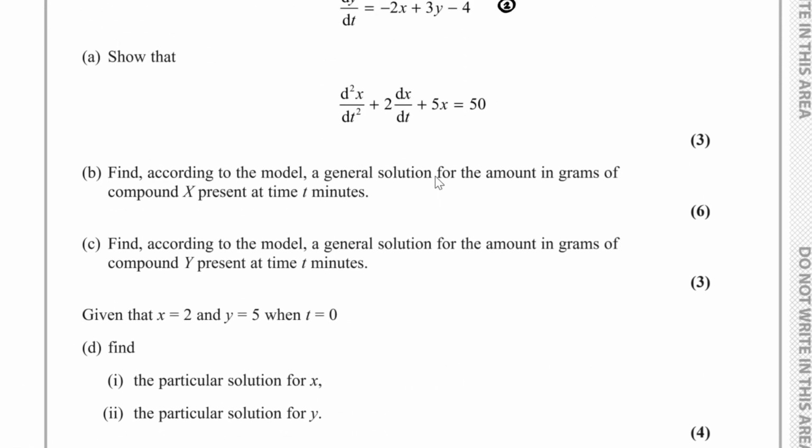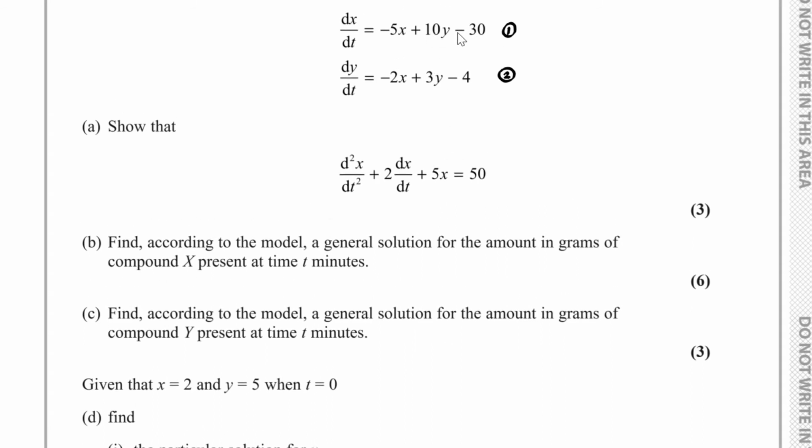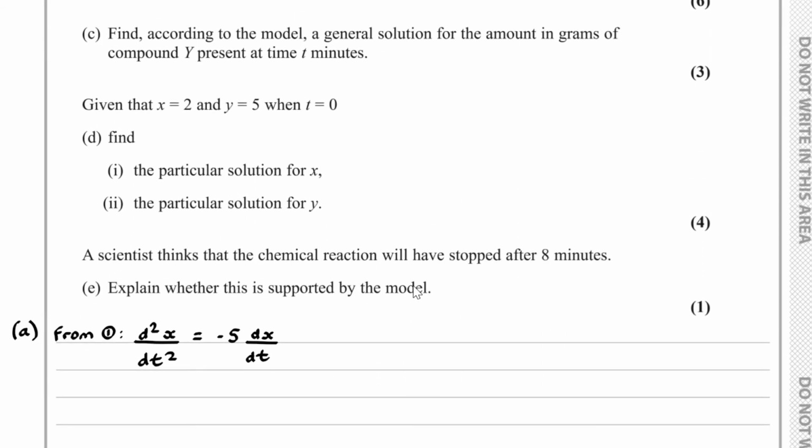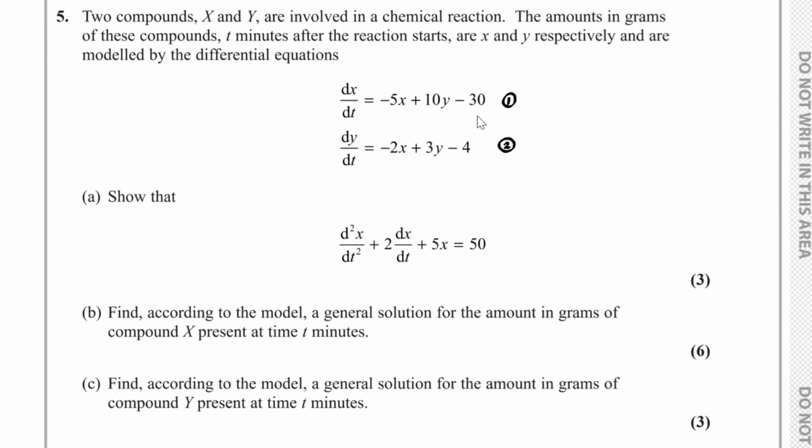And if we differentiate the 10y implicitly, we get 10 lots of dy over dt, and that's all we have to do to differentiate dx over dt with respect to t.